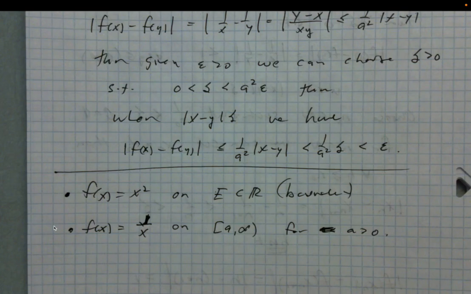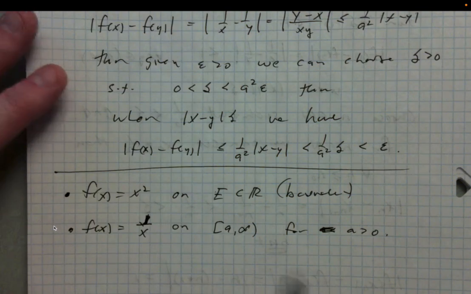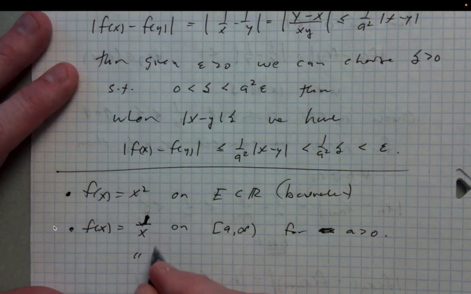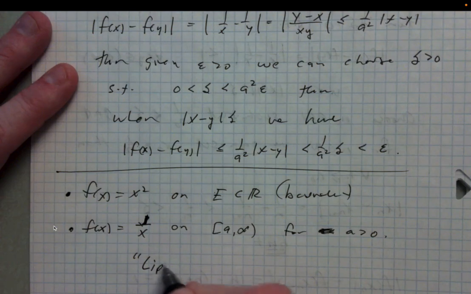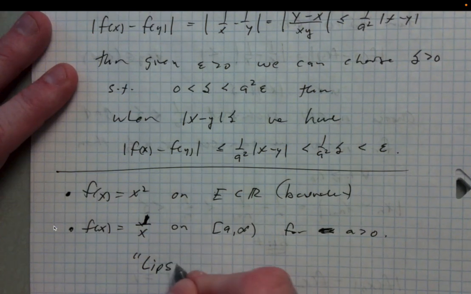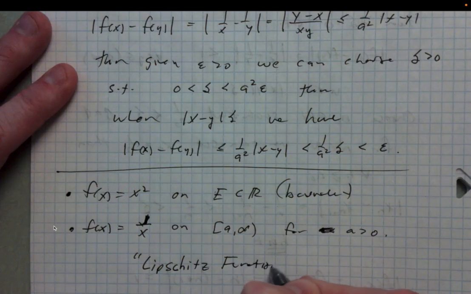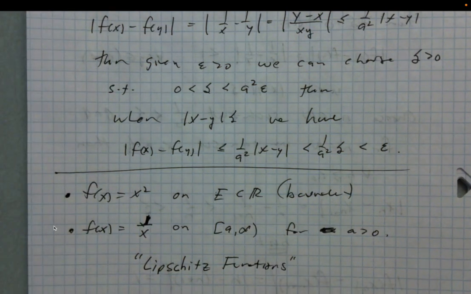So both of these are examples of a particular class of functions. These two functions would fall into the class of functions called Lipschitz functions. They satisfy what we call a Lipschitz condition.